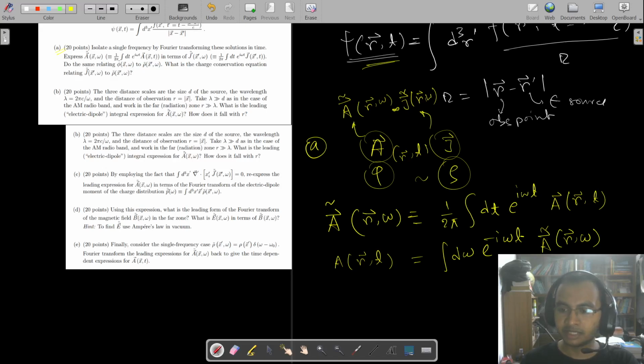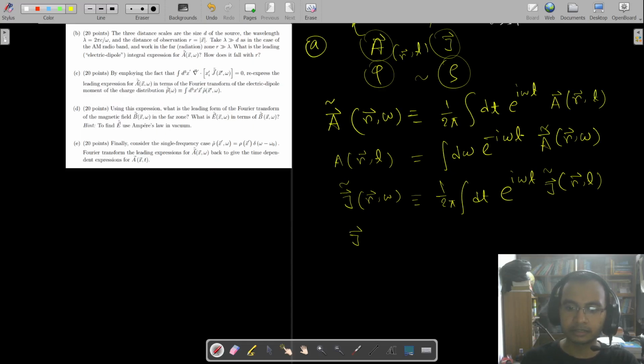And the same thing holds for j: by definition, j tilde is the integral dt e to the power i omega t j(r, t).